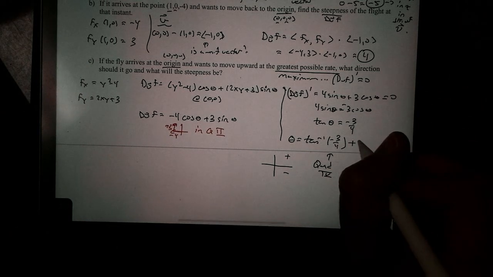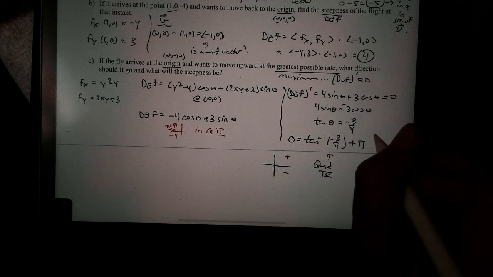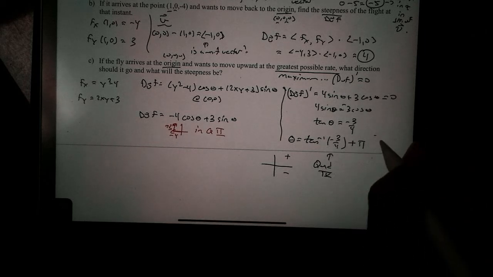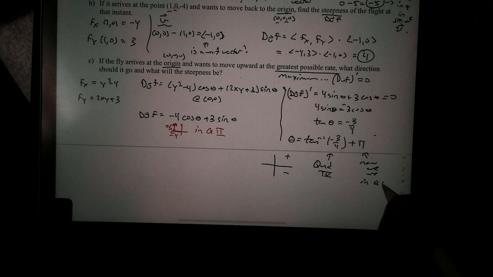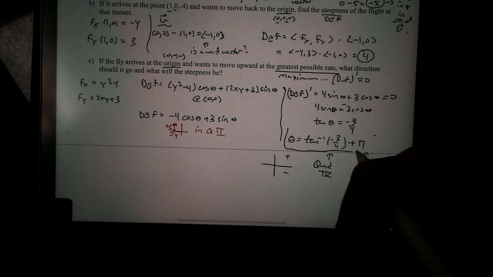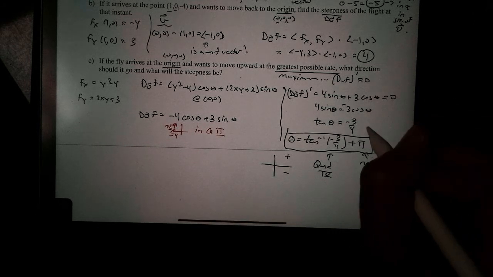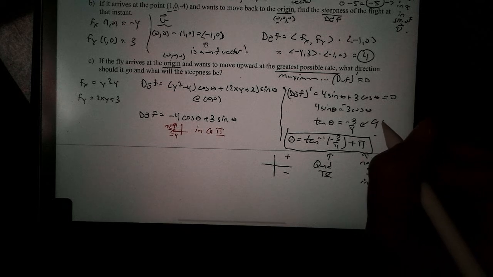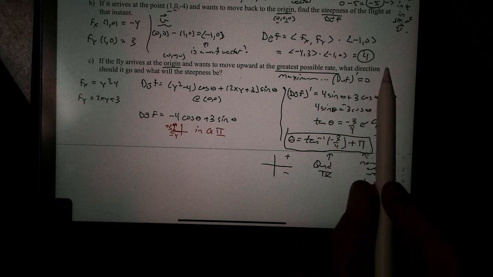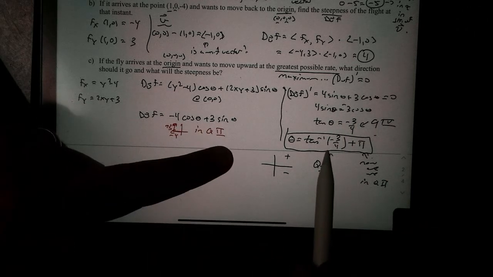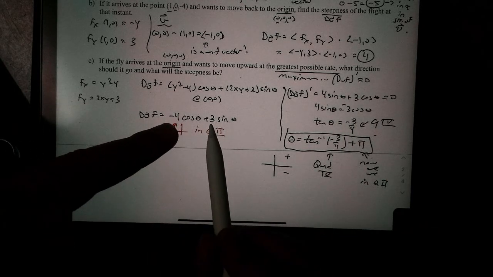So we would add pi. And by adding pi, now we are in quadrant 2. And there is our answer right there. Remember, this is in quadrant 4, but we want to be in quadrant 2. And of course, then if you want to find out the steepness, you just plug theta in for this, and you get your answer.